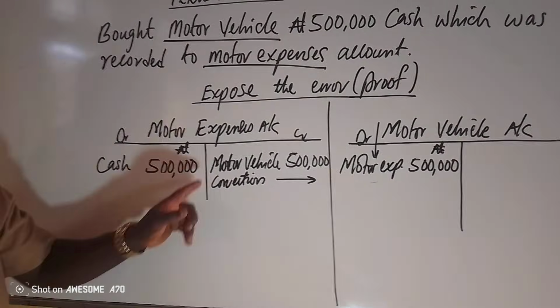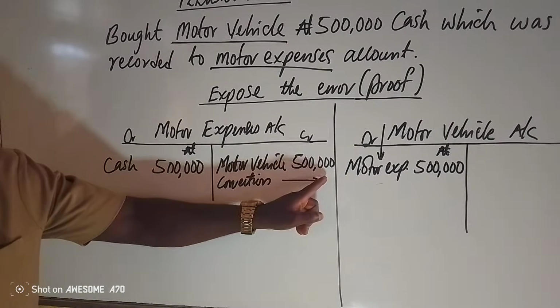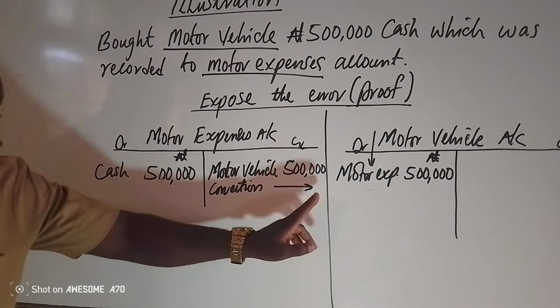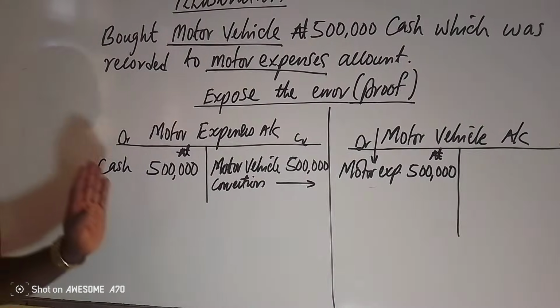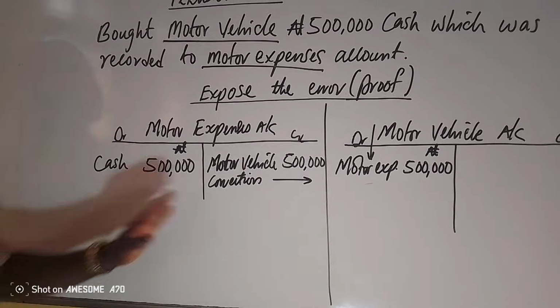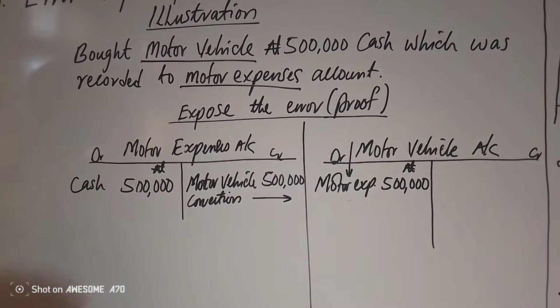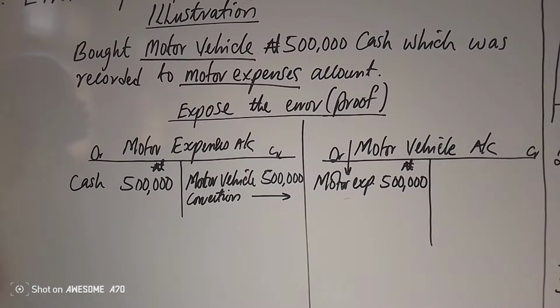Because if this account is balanced, 500,000 minus 500,000 leaves zero value. 500,000 will no more be found in this account. Then the error has been corrected.